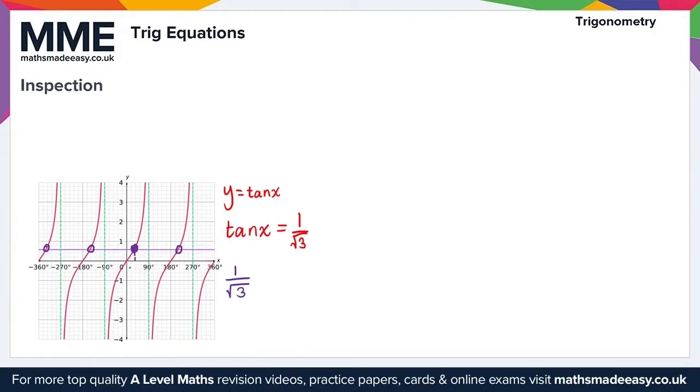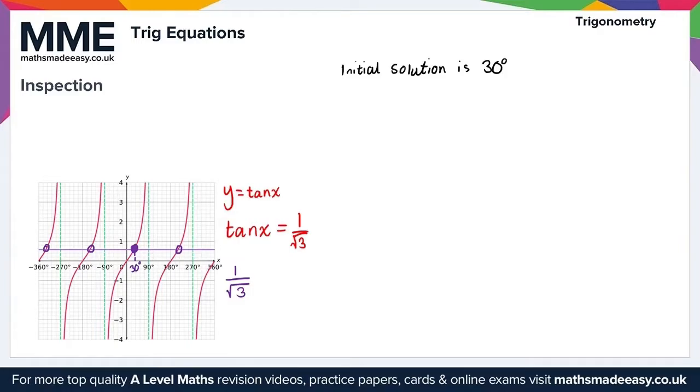So we change back to our original pen colour, and what we say is that the initial solution is 30 degrees, and we know tan x repeats every 180 degrees.